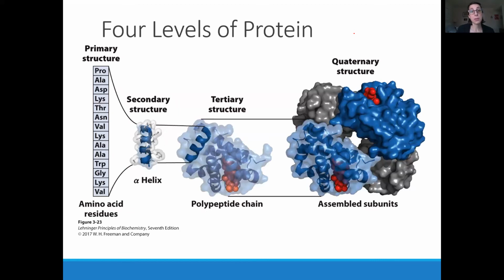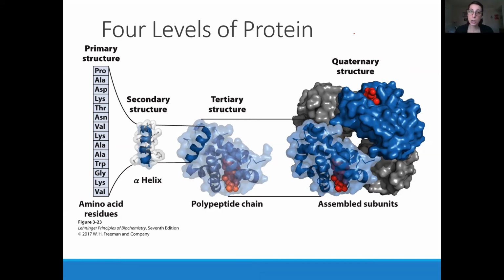So proteins can be thought of in levels of structure, and that's how we'll be dissecting them and talking about them through this course. We've already focused on the primary structure of a protein, and that is its amino acid residues.